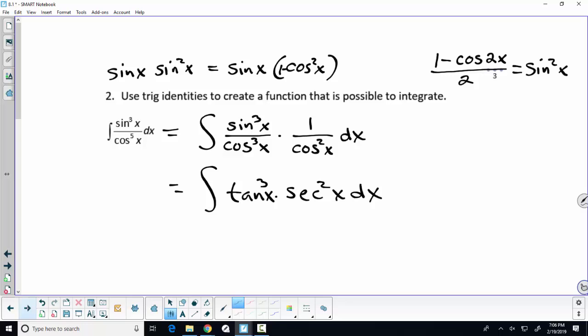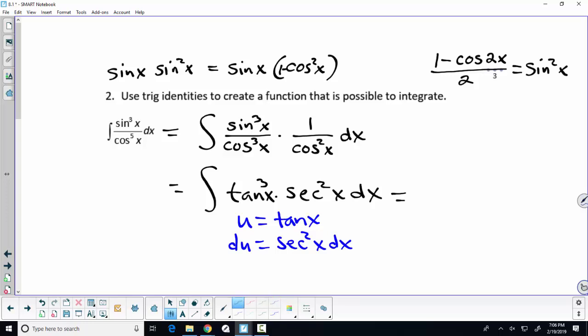Is one function's derivative sitting there? Yes, tangent's derivative is secant squared, right? So that's it. u is equal to tangent, du is secant squared dx. So it actually turns into a pretty easy one.